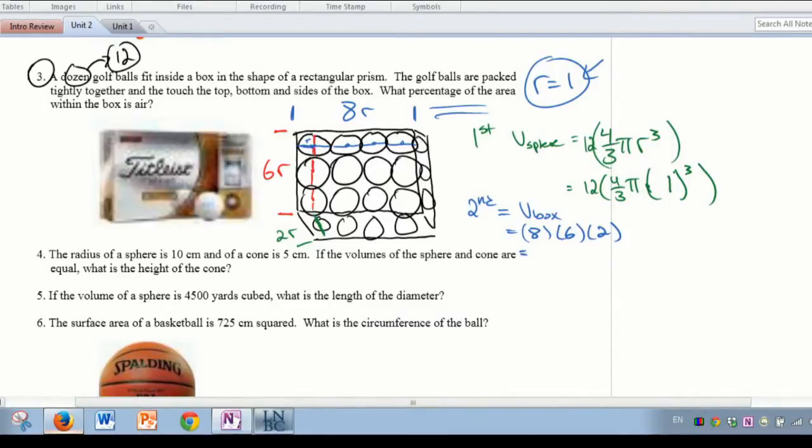So let's figure out the spheres here first. 4/3 times pi times 1 cubed. I'm going to go 12 times 4 times pi, and then divide it by 3.